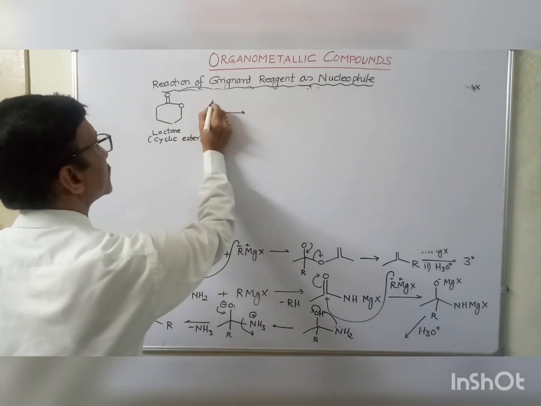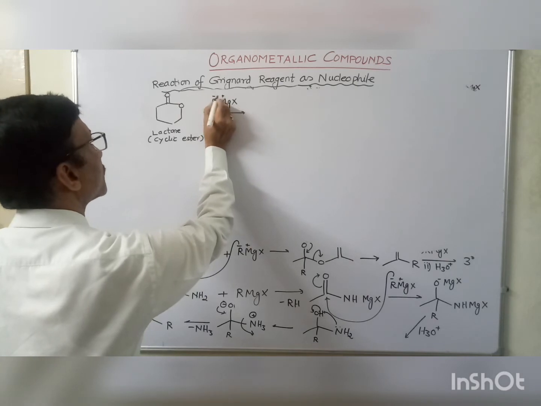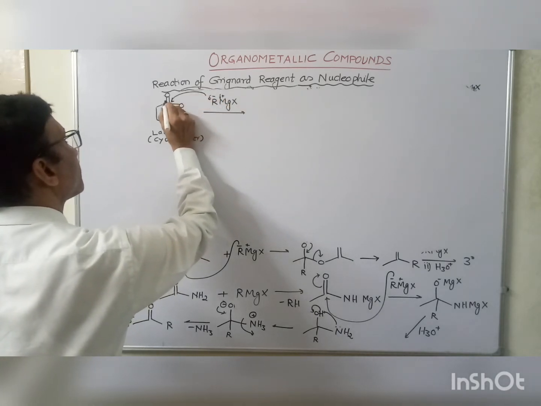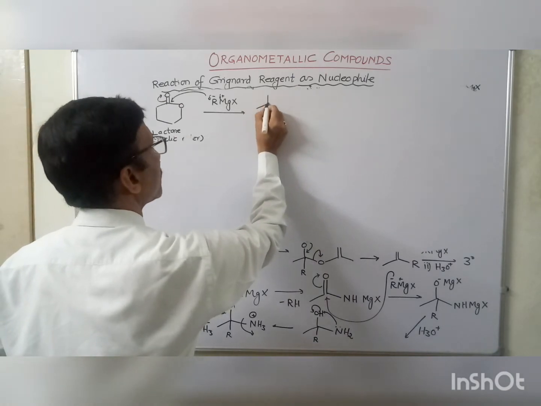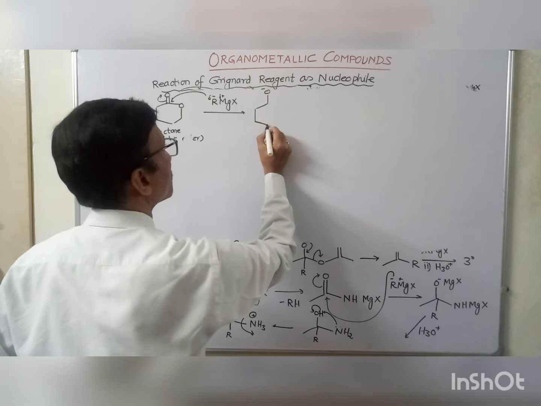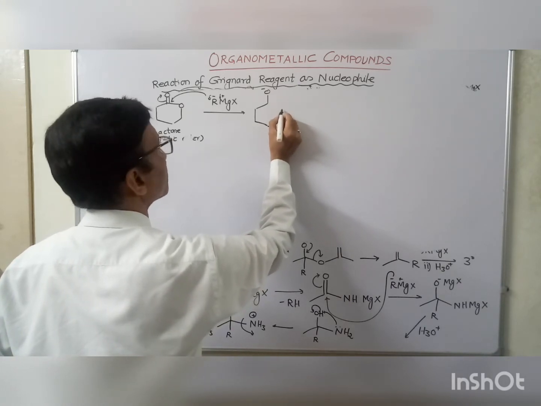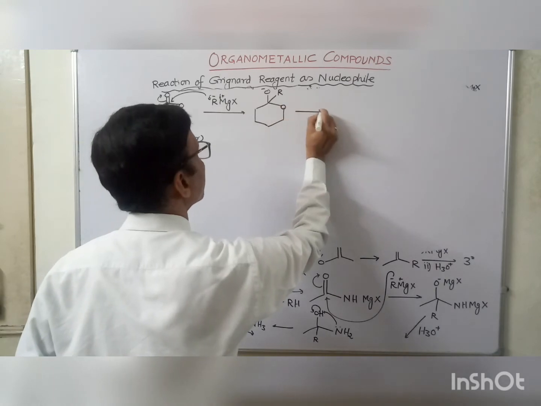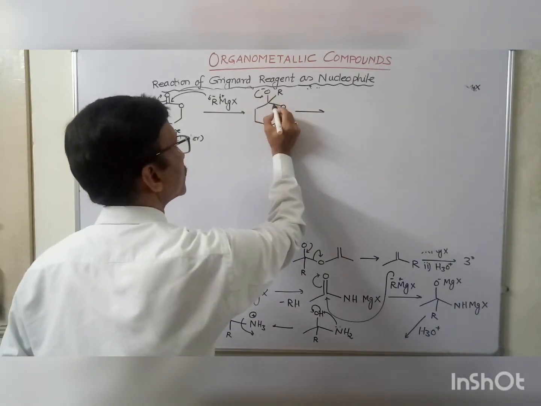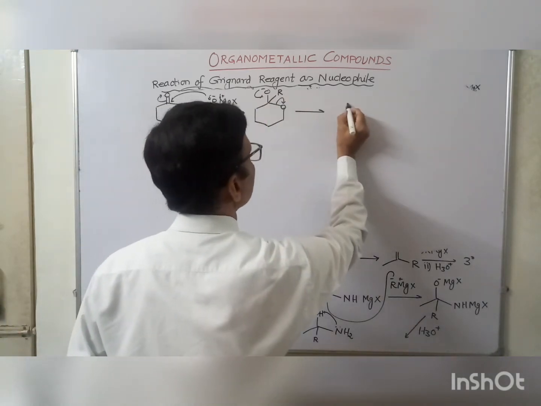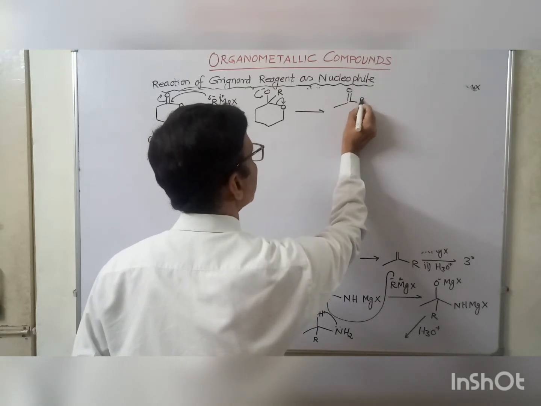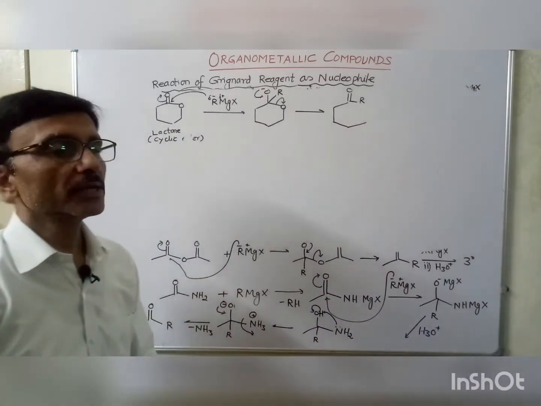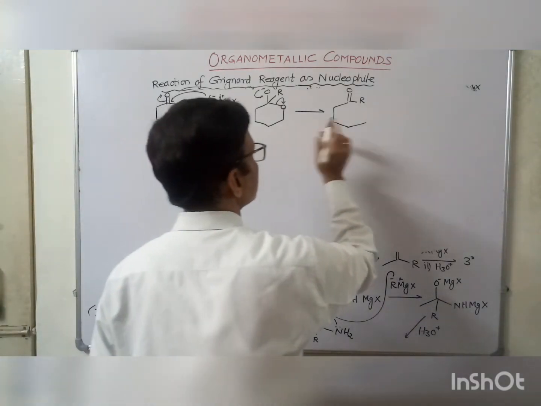So in the presence of this one, okay. Now in the next step, this C-O bond will break, and we are having here, so this reaction is similar to the ester, this is the open ester and this is the cyclic ester.